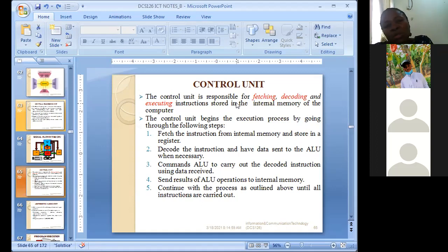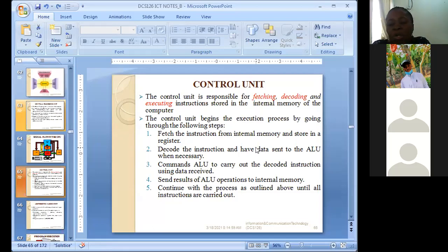Now, what is its job? What is the function? The control unit is responsible for three things: fetching, decoding, and executing instructions stored in the internal memory of the computer. I believe you all understand this because I took time to explain.